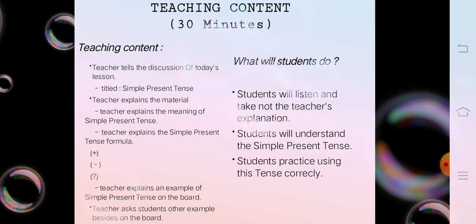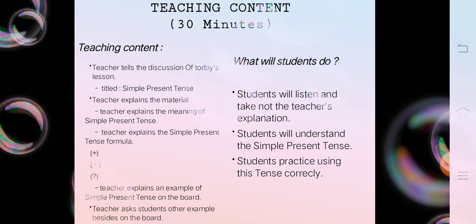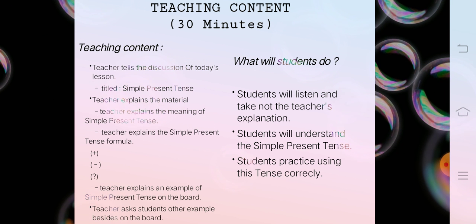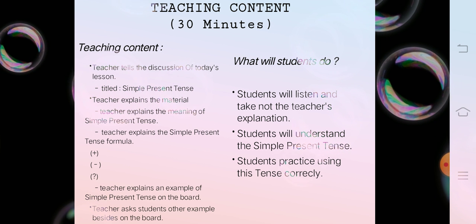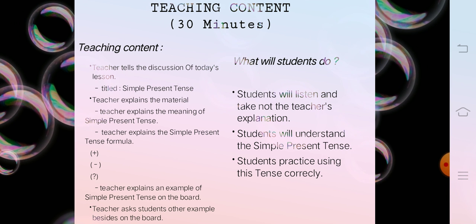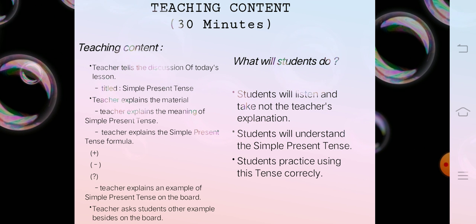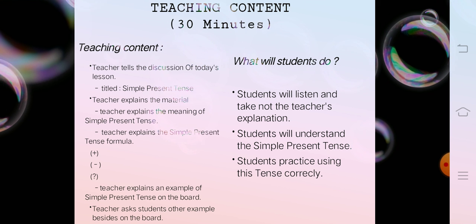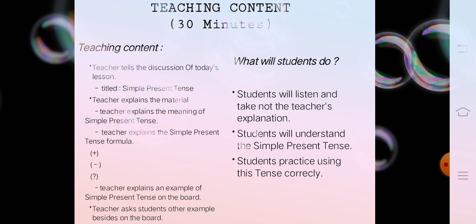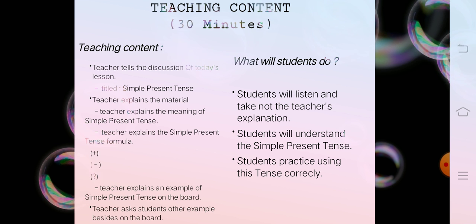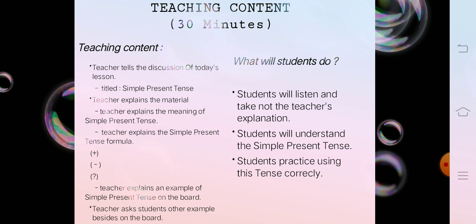For example, Susan does not help her aunt in aunt's flower shop. For an interrogative sentence, the formula is do or does plus subject plus verb 1 plus object. For example, does Susan help her aunt in aunt's flower shop?